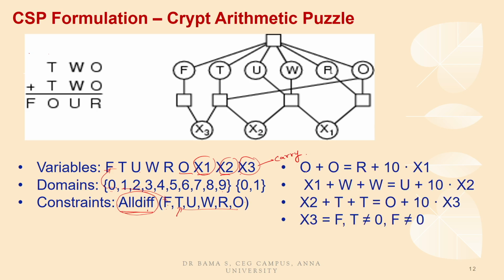So, this is how it goes, and how to solve it. Right now, it will be O plus O will be R plus 10 times x1, where x1 is the carry, and this x1 plus W will be U plus 10 times x2, and this x2 plus T would be O plus 10 times x3, and x3 is F. Since the left portion is 1, we will say okay, F is 1, and then we will compute the remaining stuff.